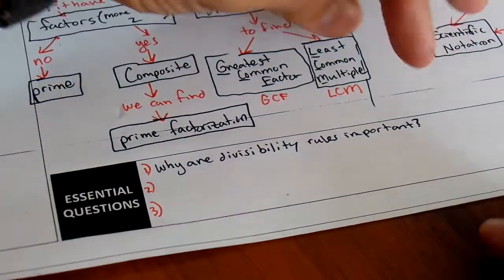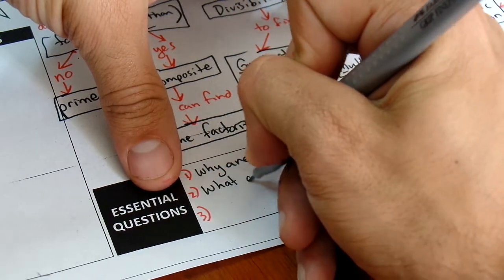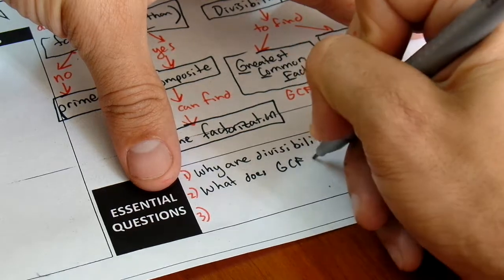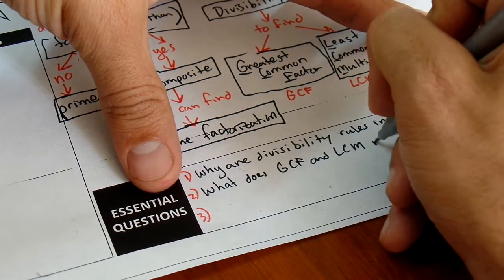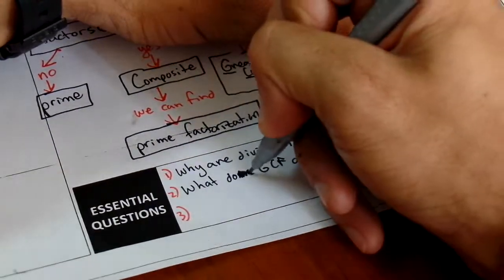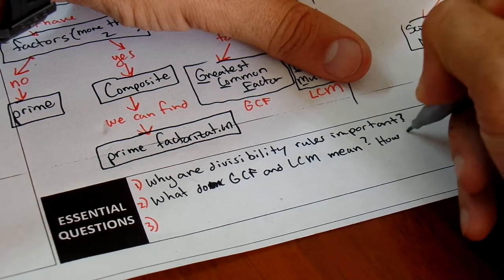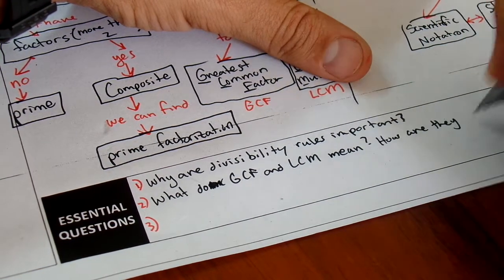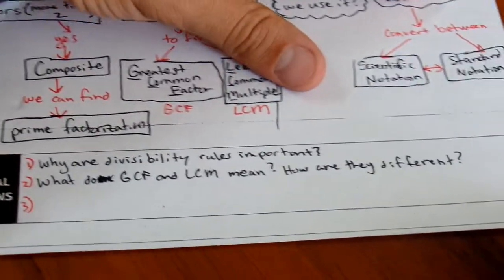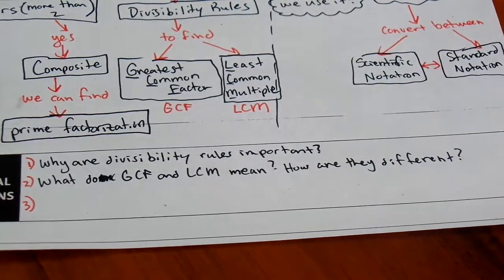The next, what do GCF and LCM mean? And how are they different? So your goal of this unit, or this part, is to know the difference and never mess it up.